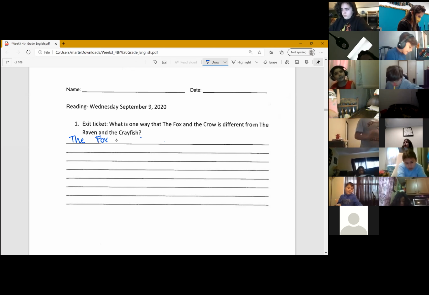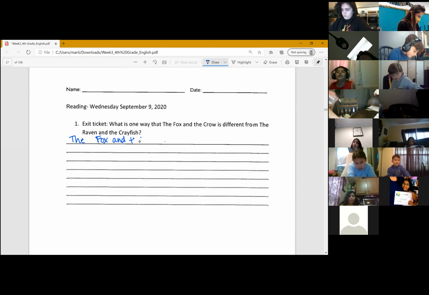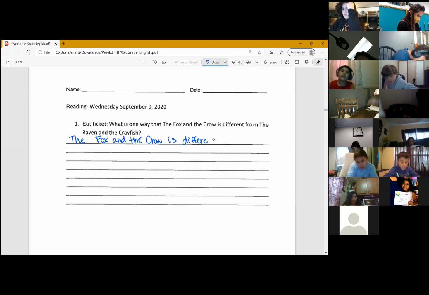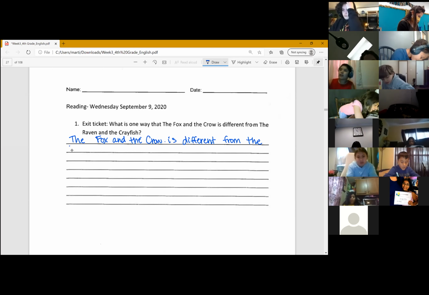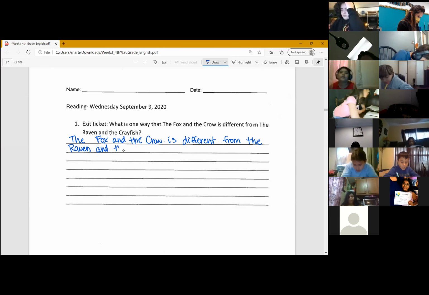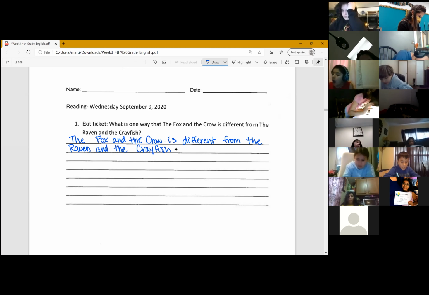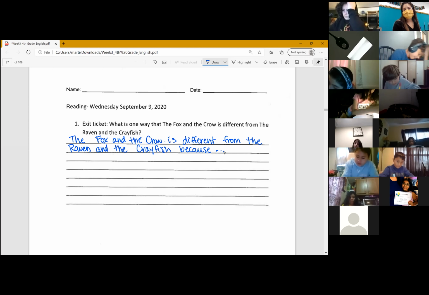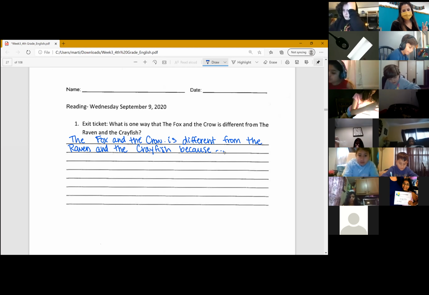The Fox and the Crow is different from the Raven and the Crayfish because... you finish the sentence. I want a minimum of 2 sentences on this, okay? 2 sentences.